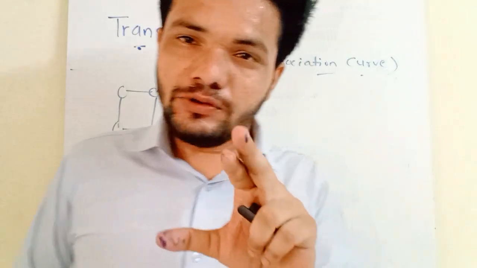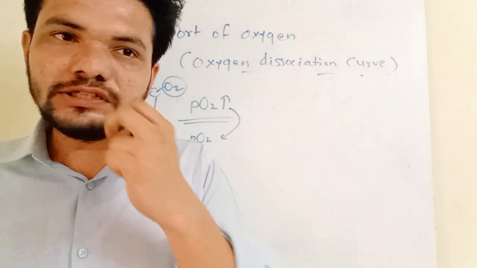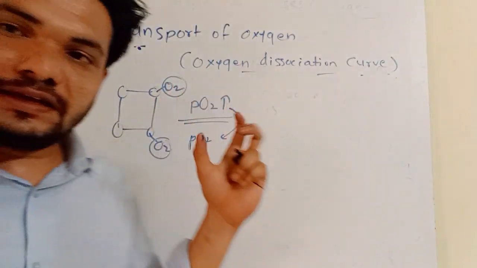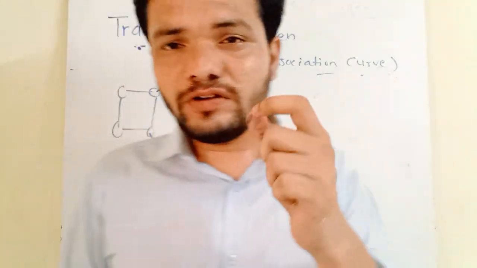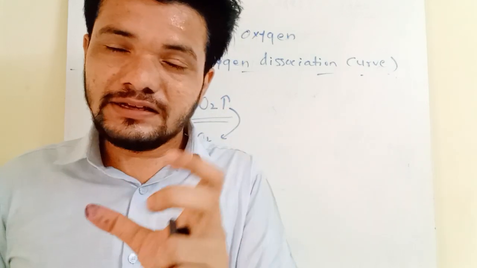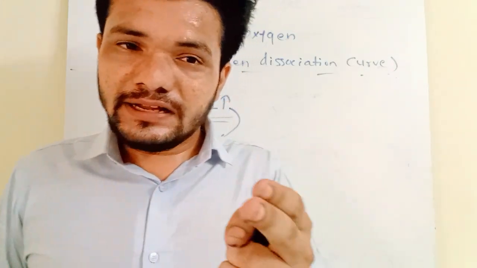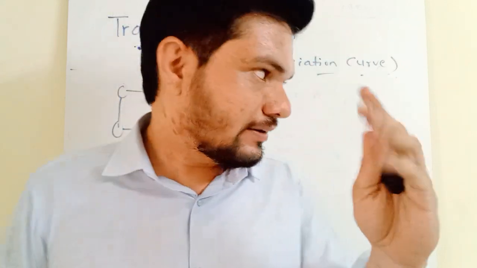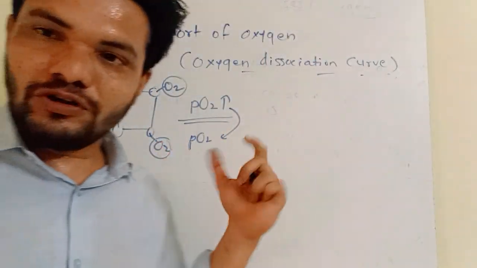I will tell you in the analogy of time. Let's say to bind the first molecule of O2 to hemoglobin, 1 minute is required. Then less time and less partial pressure is required to bind the second molecule of O2.